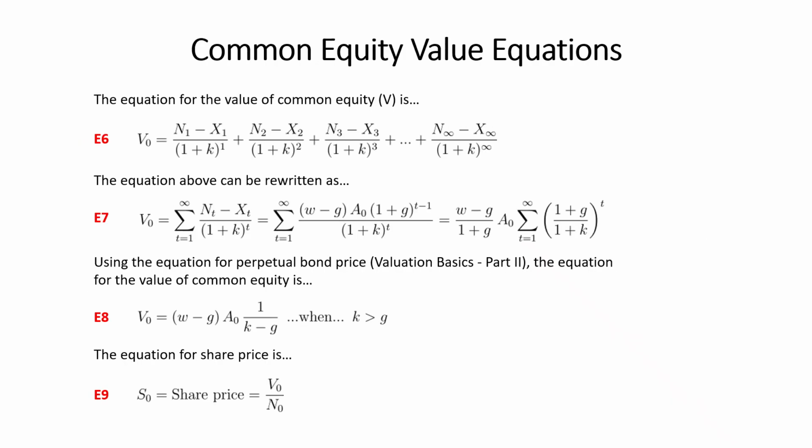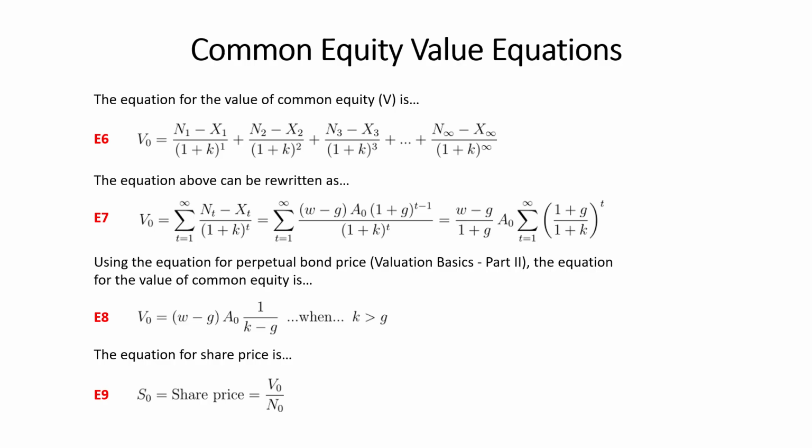Now this section is going to look very similar to our perpetual bond case. As a matter of fact, you can take the equations from the perpetual bond, change some of the lettering, and come up with the equation above. E6, that's the value of my common equity. And remember that that's all common stock, not just on a per share basis, but everything.